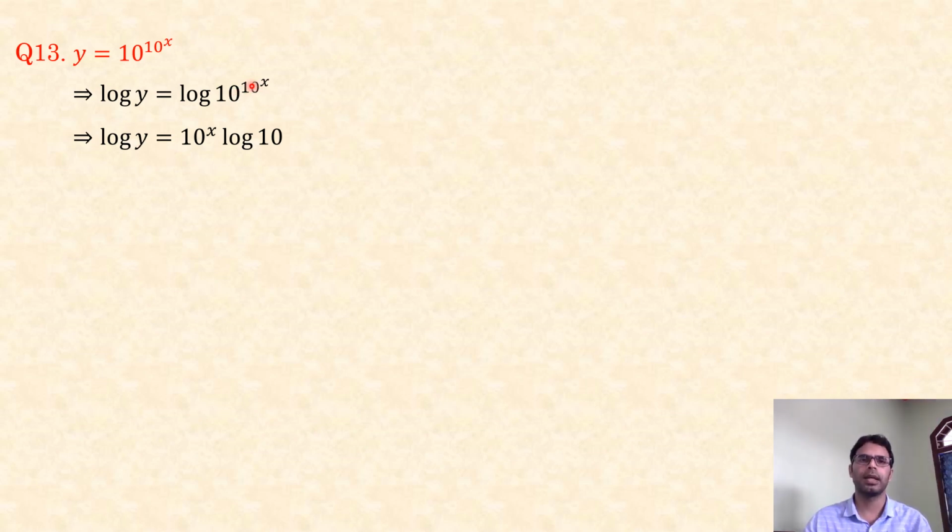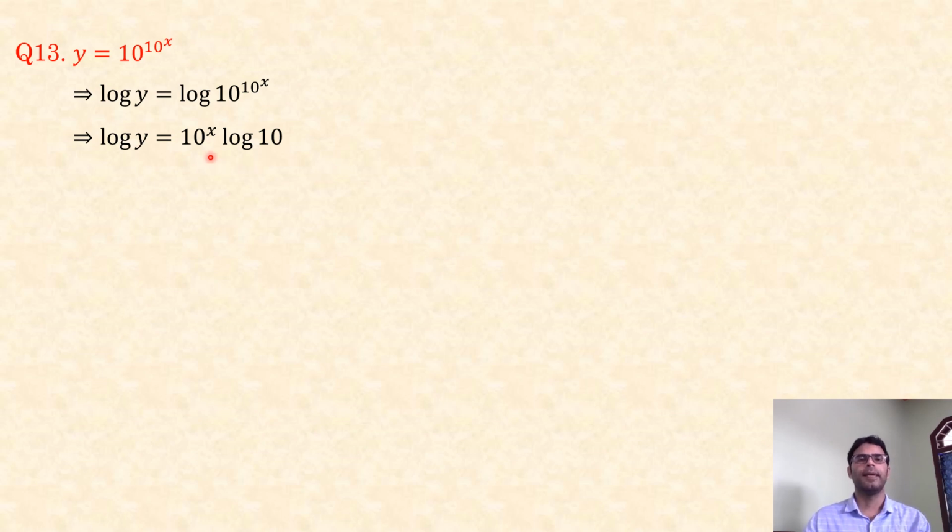So it is coming as 10 to the power x, not only x. You get my point? Not only x. You should take all powers of this base. So 10 to the power x into log of 10. Do not write the value of log 10 as 1, because the base of this logarithm is not 10, it is e. That is why log of 10 is not 1 in this case.